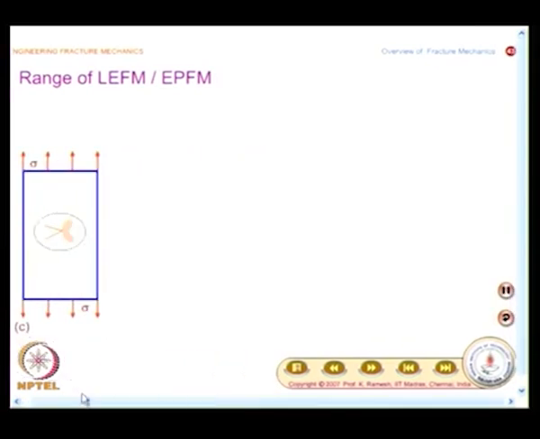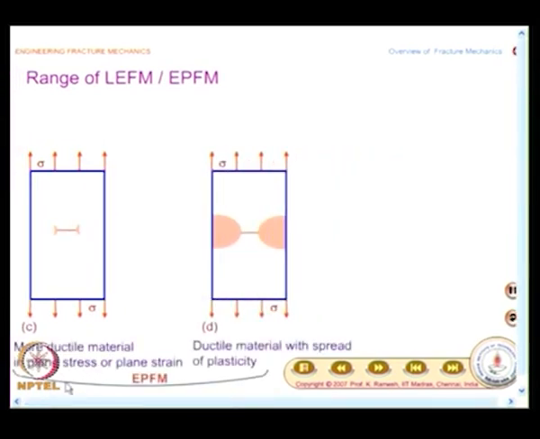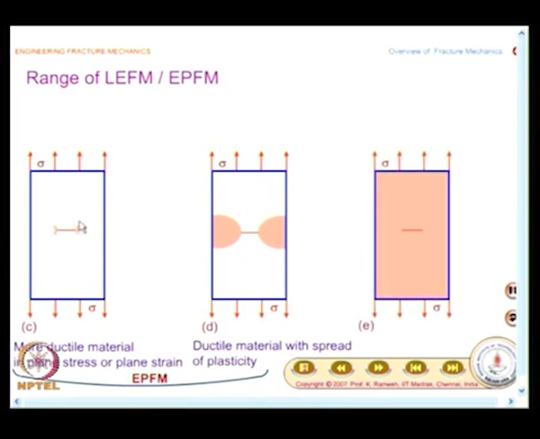Then we have another set of material which is more ductile in plane stress or plane strain. You have still higher plastic zone, and you also have situations where the plastic zone is visibly spread. I would like you to make a neat sketch of this.